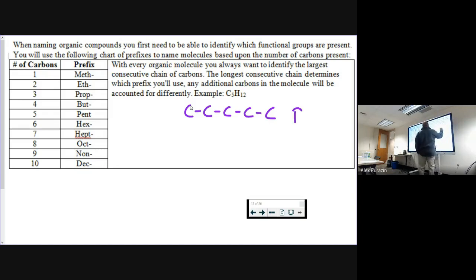Now, this isn't always represented in this way. Organic chemists are lazy. They get even lazier than this. Instead of using actual C's, they would draw this as that. That's pentane in organic chemistry. Each end and each intersection is a carbon.